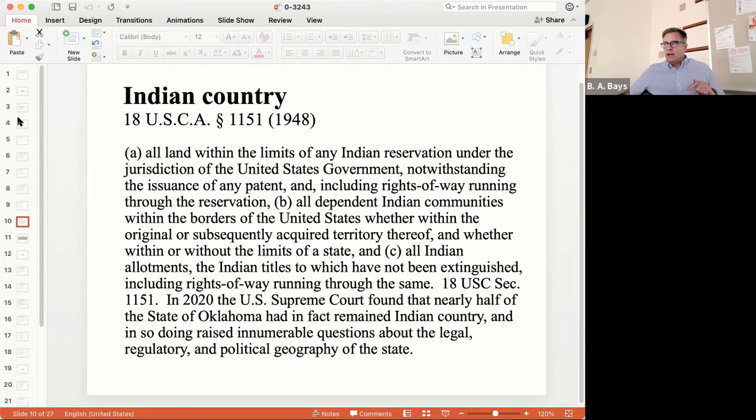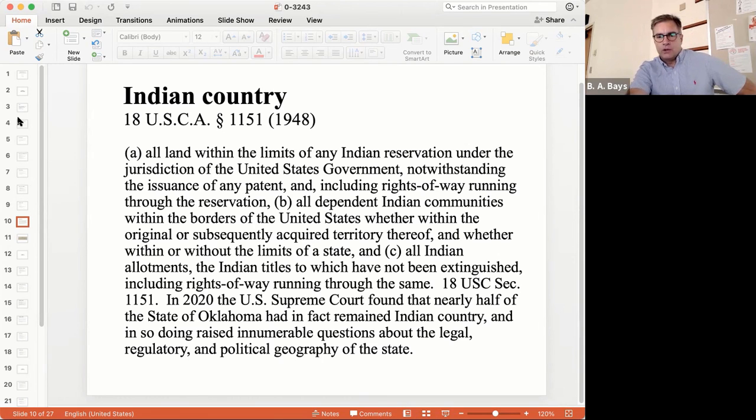Number one, there has to be land that's set aside for the use of Indians, with some paper trail, right? And secondly, the land has to be under the superintendence of the United States federal government. So basically, federal property set aside for Indian use. That includes most of Alaska in 1948. But anyway, we'll talk about Alaska in one of the last chapters we get to.